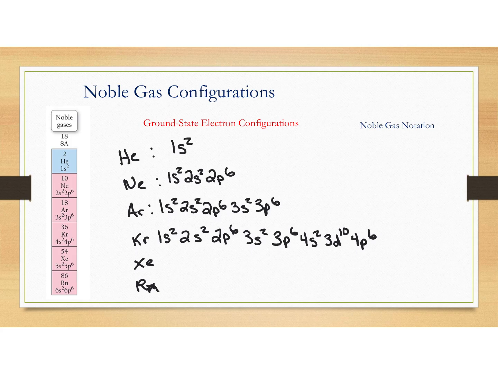Now, what's happening here as we're going through the electron configurations is that these noble gases have a set number of electrons. Helium is 2, neon is 10, argon is 18, krypton is 36.